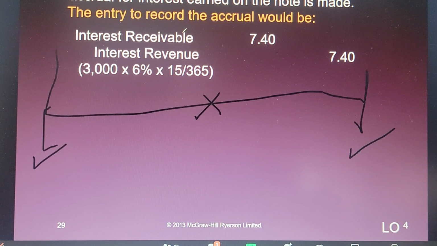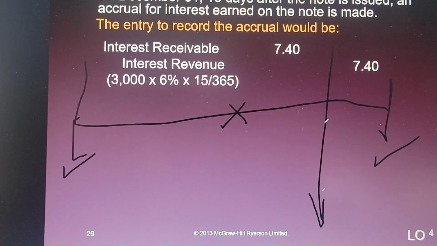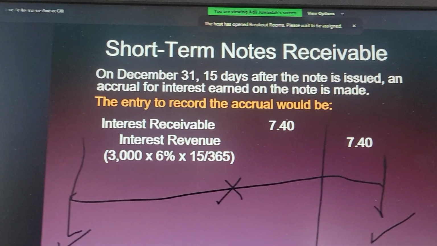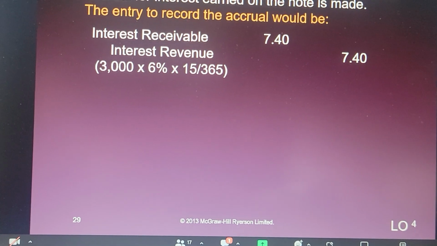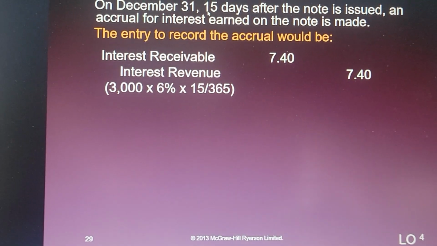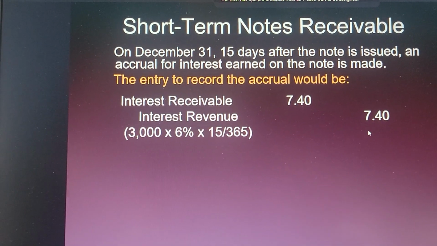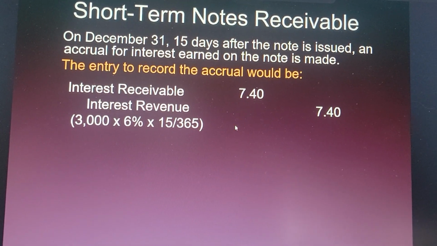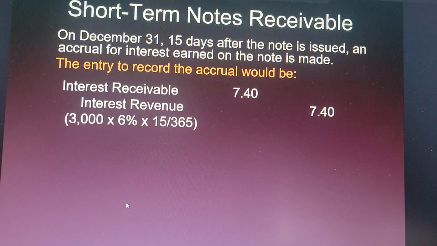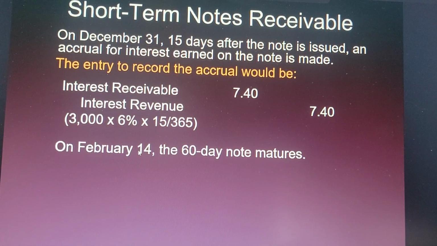If this happens anytime when the financial year ends, then you have to do this entry. So this was recorded. I'm not receiving any money. I'm just recording that I made revenue, and this is interest receivable. This amount should be received when they pay me in February, February 14, 16 days, when the note matures.